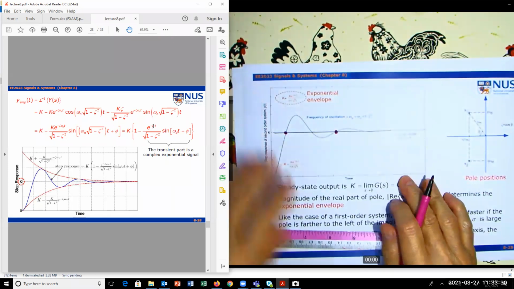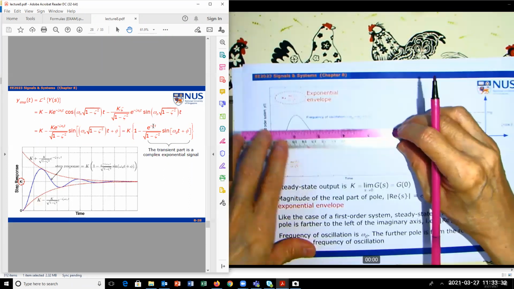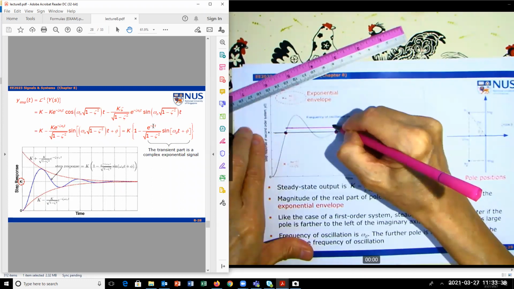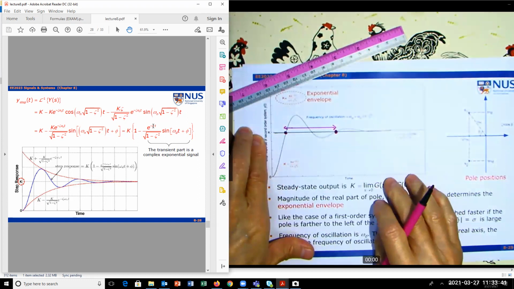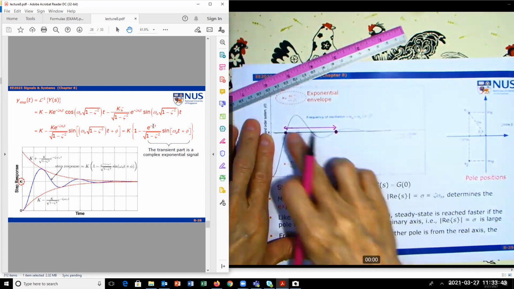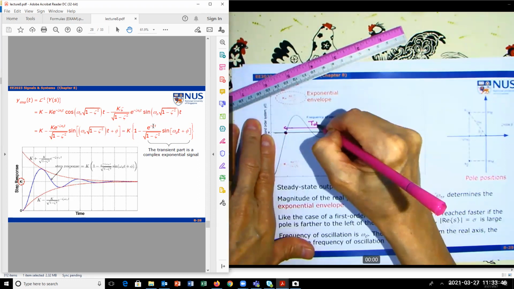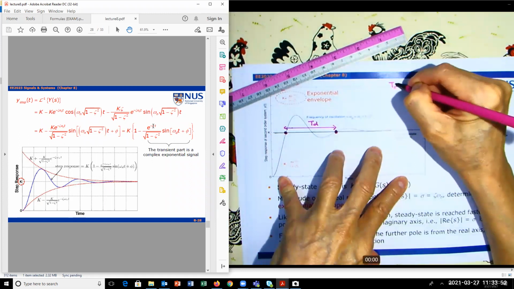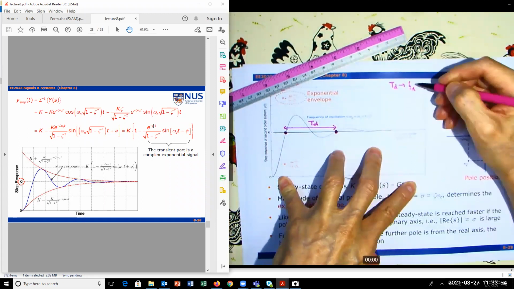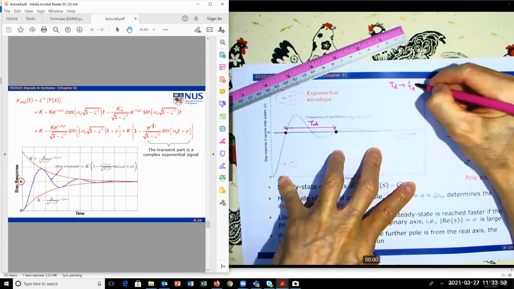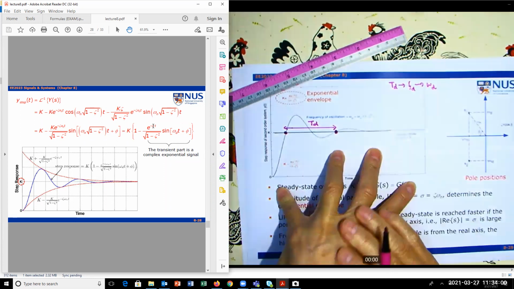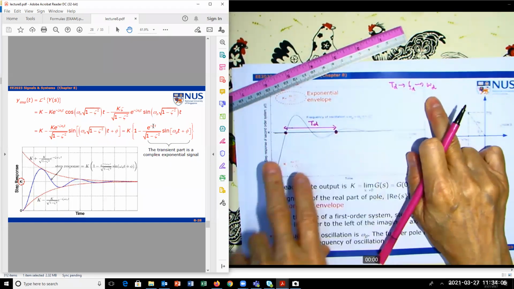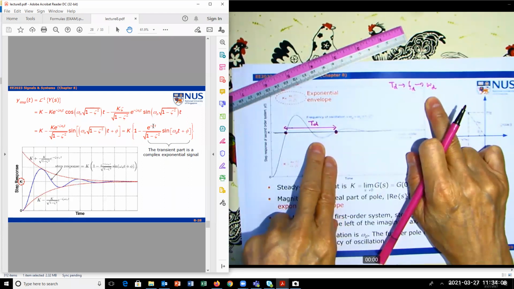That is one full cycle, one period, so let me call it T_d. If I know T_d, I can obtain f_d, which is the reciprocal, and if I know f_d, I can obtain omega d, because 2 pi f_d is omega d. So omega d is known from the graph.